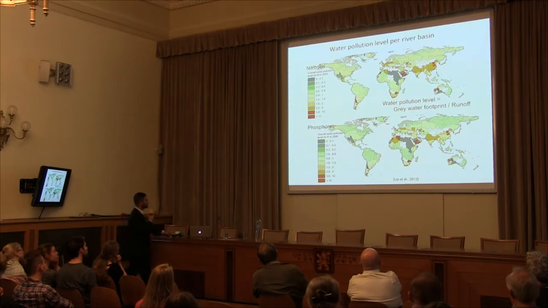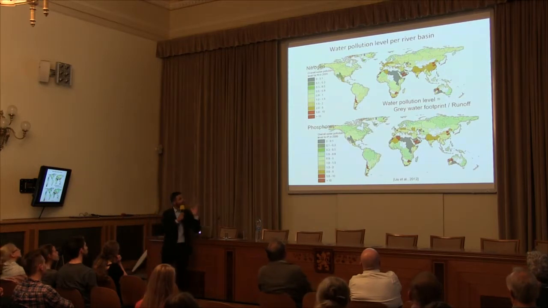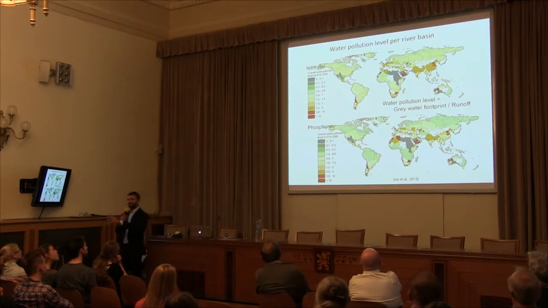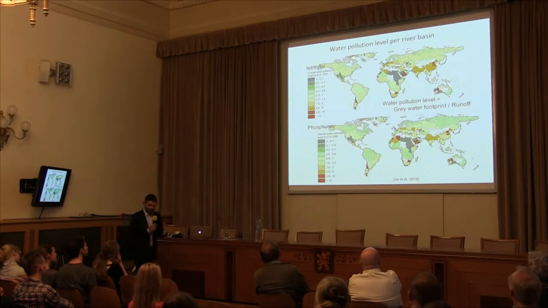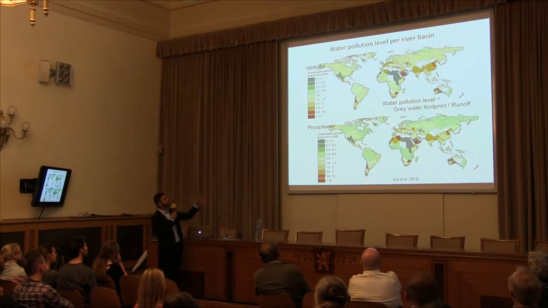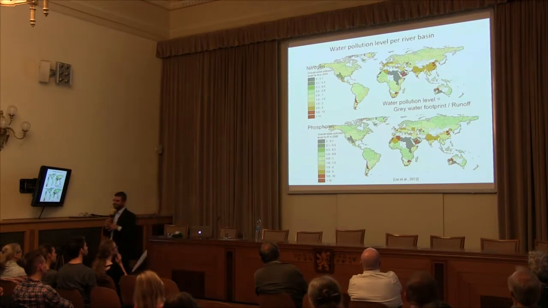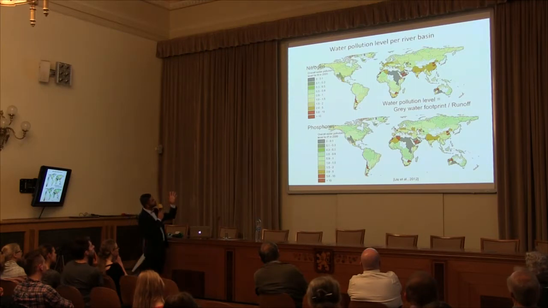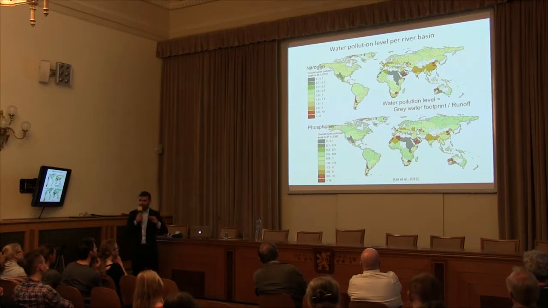So again, the water pollution is coming this way. We look at how water pollution also changes per time and per space. You can see that this is just nitrogen and phosphorus related to agriculture, nothing more than that. There is no industrial pollution in it. It's the pollution levels.